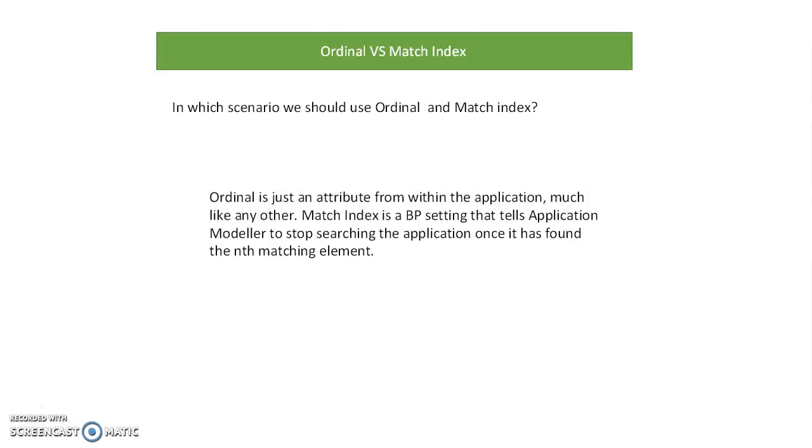Here we can see the scenario where we can use the ordinal attribute and the match index attribute. Ordinal is just an attribute from within the application, much like any other. But match index tells the application modeller to stop searching the application once it has found the best matching element.